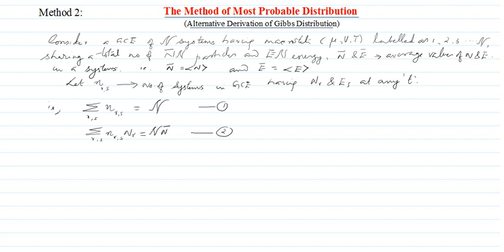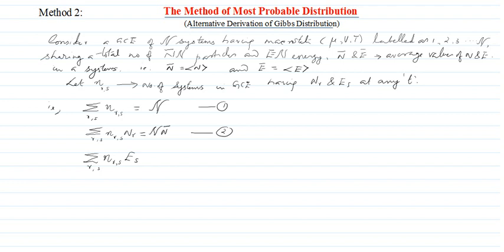In the same manner, I can write one more relation for the total energy in the ensemble, that is sum over all r, s values, multiply n_rs with what? E_s. Energy is E_s. So the number of systems having E_s energy is n_rs.